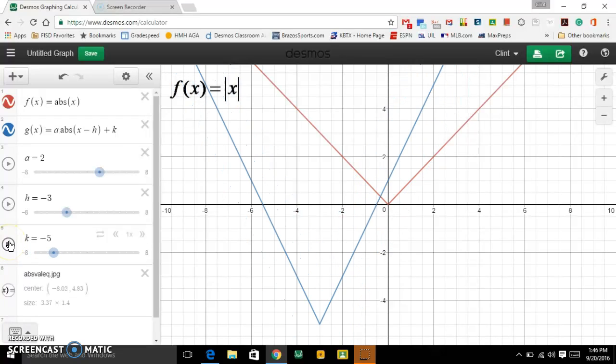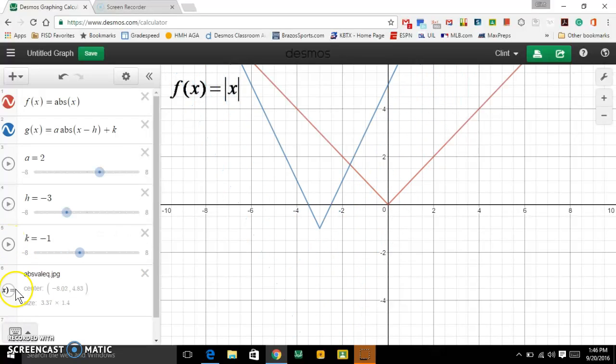So if I stopped it right there, I know that the vertex is going to be at (-3, -1). Let's check it. (-3, -1). The vertex is there. And I know that A is 2. That's a positive number, so it's going to open up. It's going to be a V. And the slope is going to be 2 on the right side and -2 on the left side.